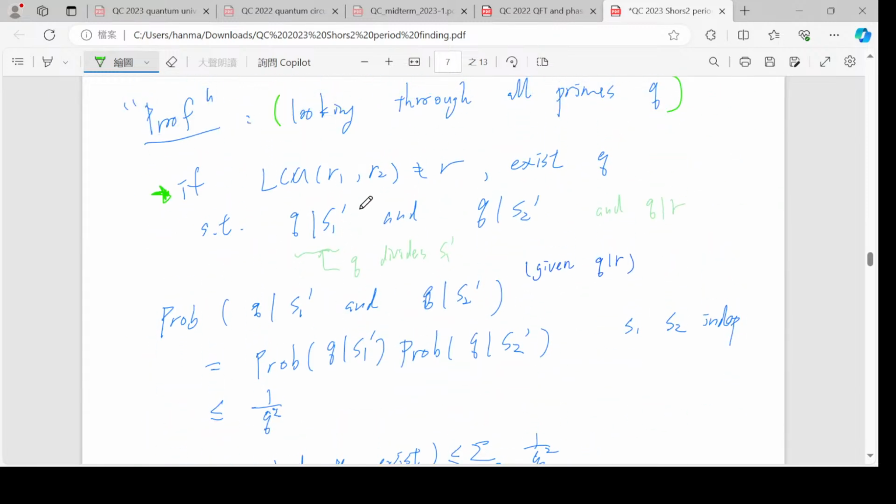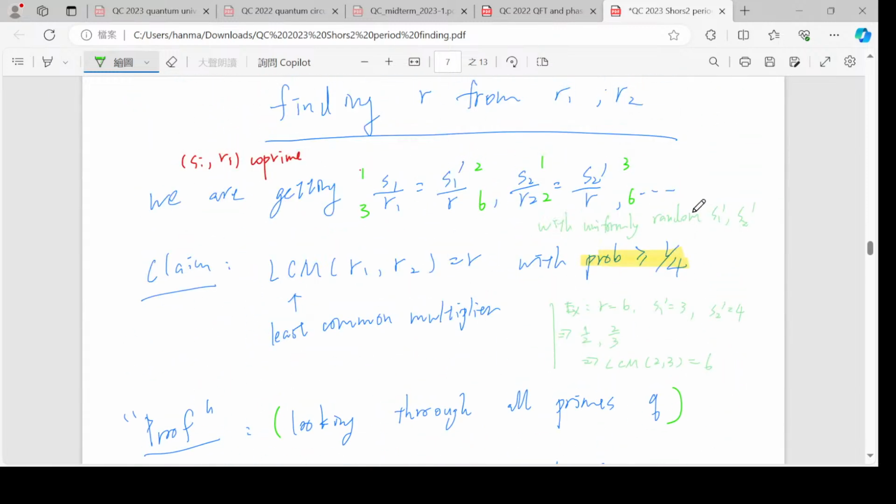Think about what S1 prime and S2 prime do here. When we go from R to R1, R and S1 prime have some cofactor, and R and S2 prime have some cofactor to become R2. So R1 is R divided by the cofactor between S1 prime and R, and R2 is R divided by the cofactor of S2 prime and R.